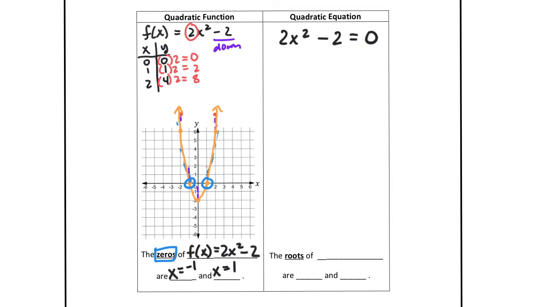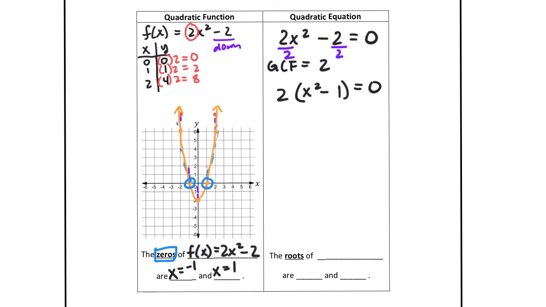First thing I would ask myself is, do I have a GCF? You would say, yeah, 2. Alright, so I would divide both of these by 2. I would put 2 parentheses equals 0. 2 divided by 2 is 1. So that leaves me with x squared minus 2 divided by 2 is also 1. So x squared minus 1.